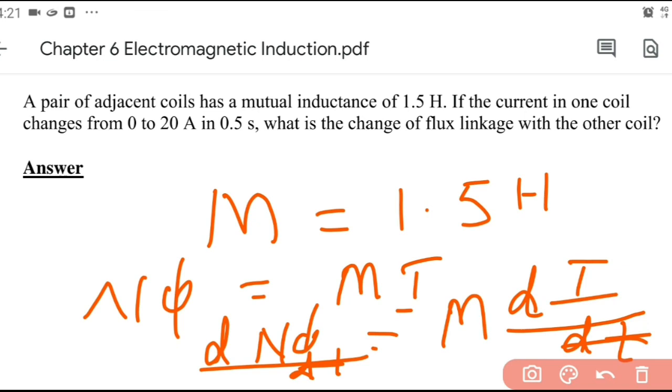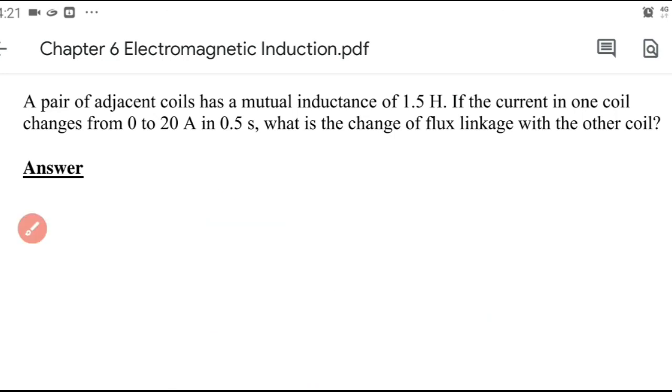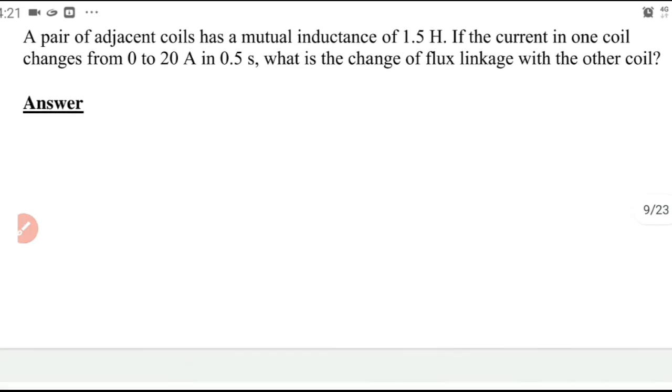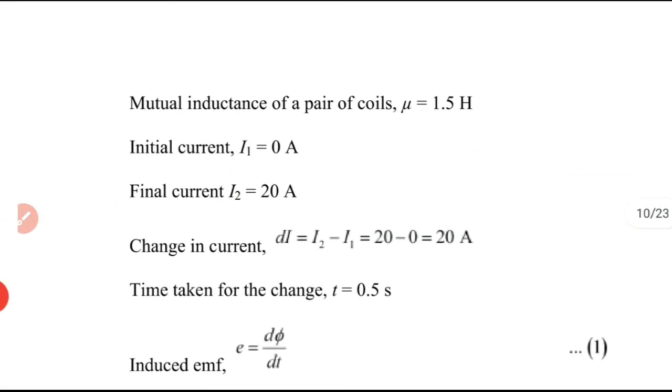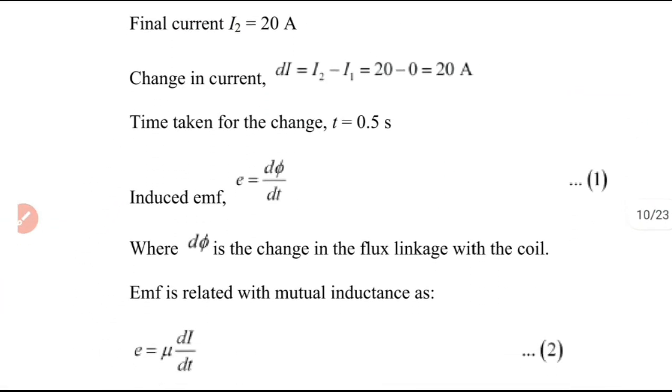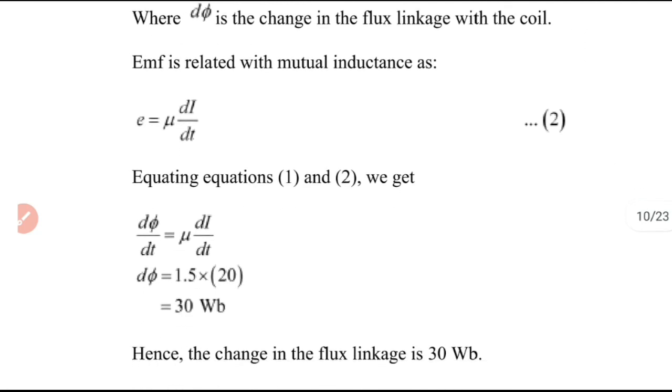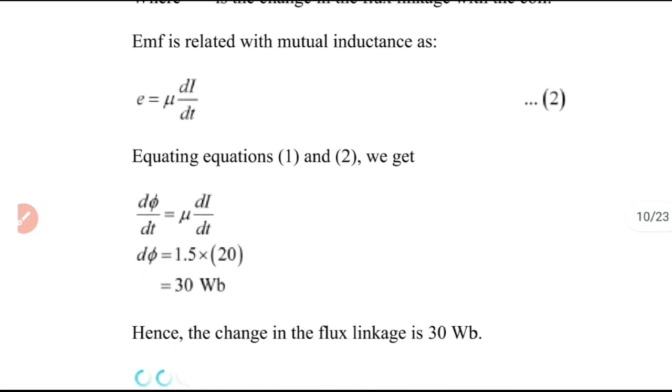So to find the change of flux linkage, we need the product of mutual inductance and change in current. Here the mutual inductance is 1.5 Henry and the change in current is 20 ampere. So the product is 1.5 into 20, that is 30 Weber. It is change in flux, so the unit is Weber.